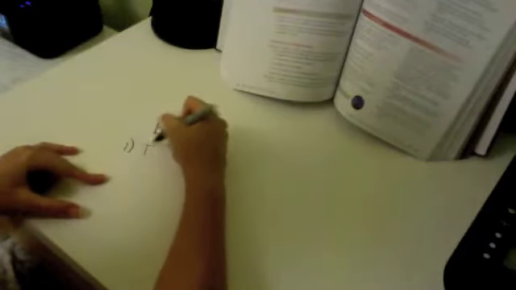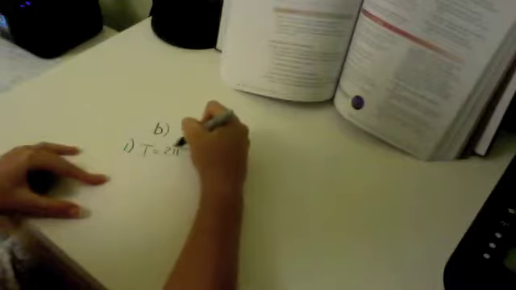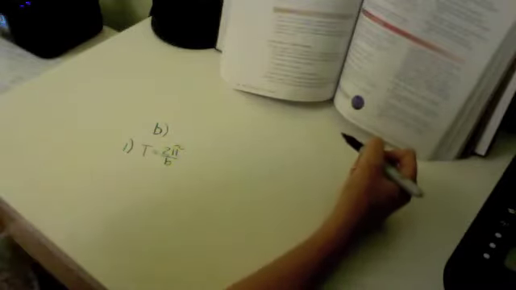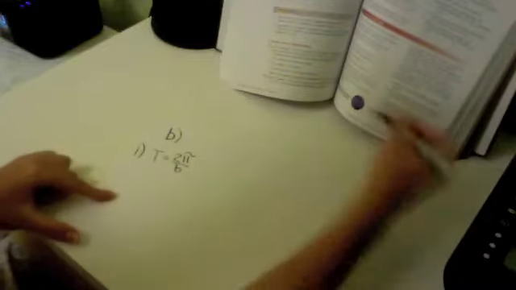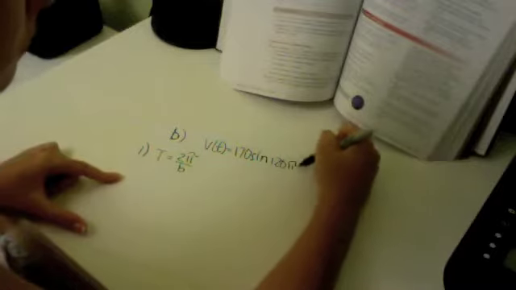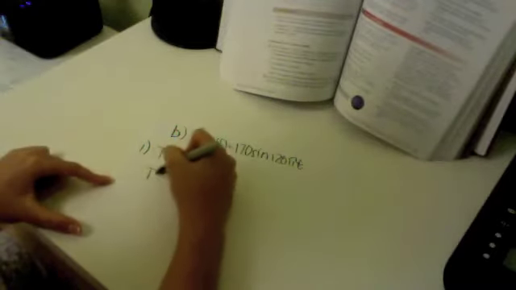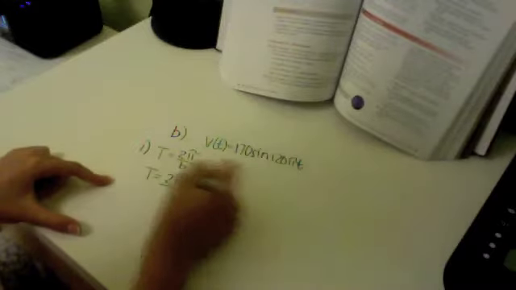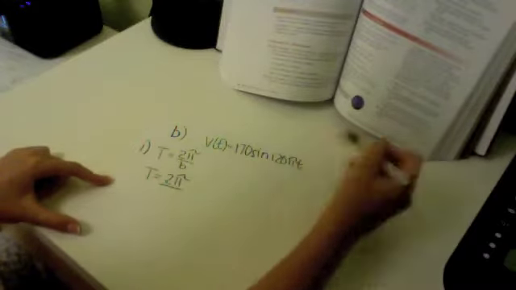We know that the formula for the period equals 2 pi over the b value in the equation. So let's rewrite the equation at the top here. T would equal 2 pi over the b value, which is 120 pi.